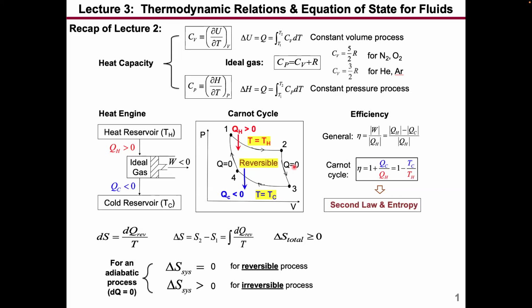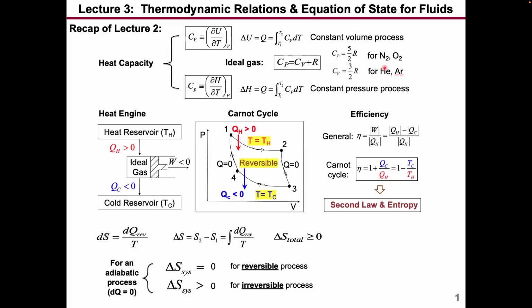Just a quick recap of our lecture 2. Lecture 2 defined two heat capacities. One is constant volume heat capacity, CV, and the other is constant pressure heat capacity, CP. For ideal gas, we know CV and CP are just constant values.